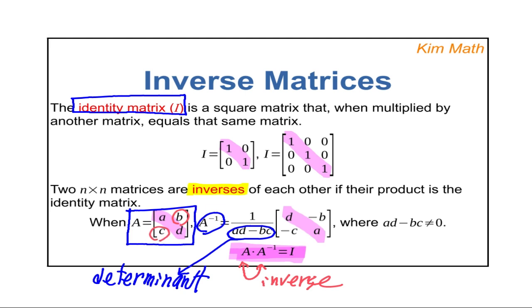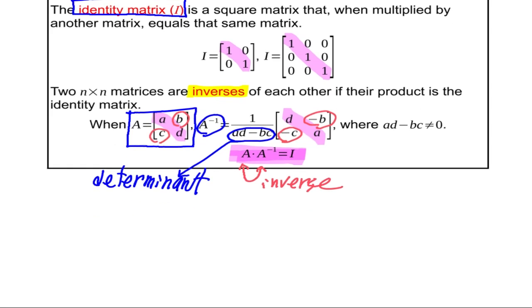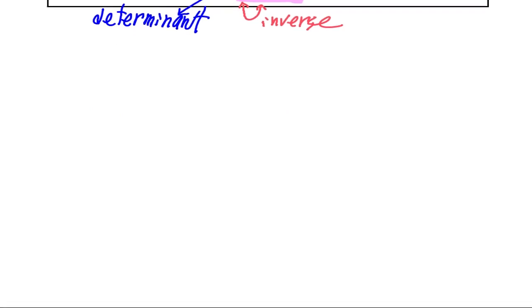Now instead of switching, you can take a negative number. Change the sign. That is the inverse. And if you multiply the original matrix and the inverse matrix, then you have an identity matrix. Okay, good. Let me show you why this happens.